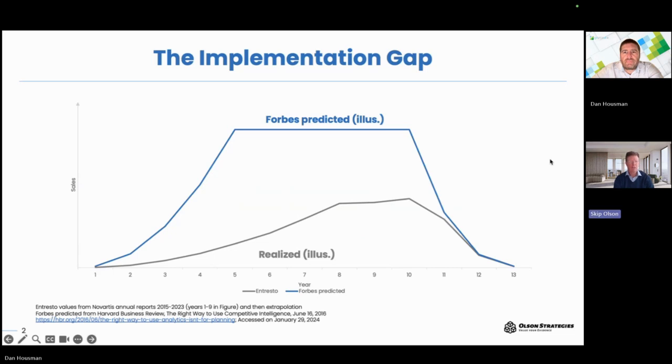The challenge really is, before the product actually launched, Forbes predicted what the eventual sales would be. And that graph, if you can see the graph, is the blue curve, looks much different. The uptake is much quicker. The height of the peak is much higher.